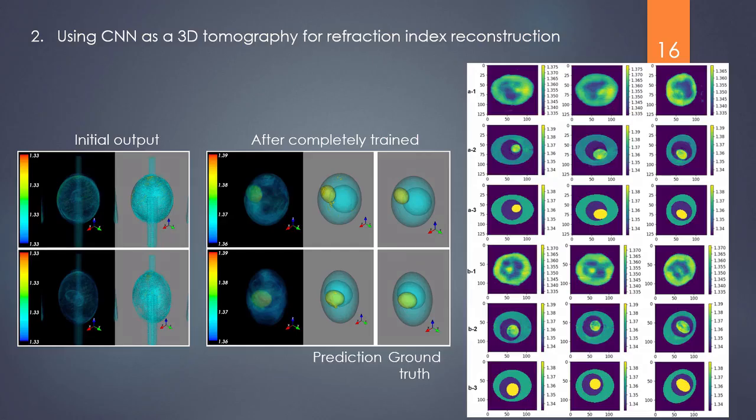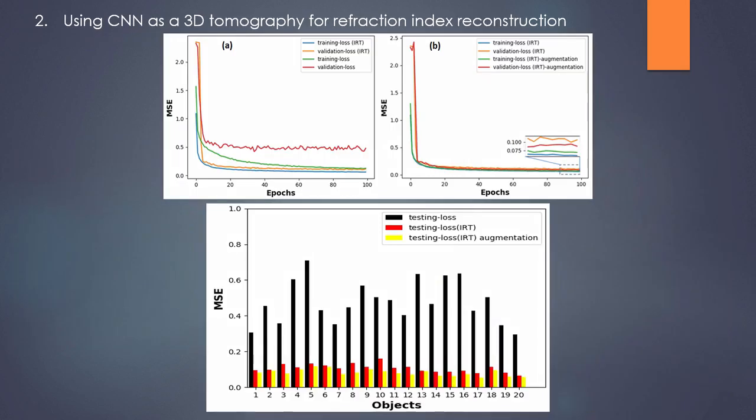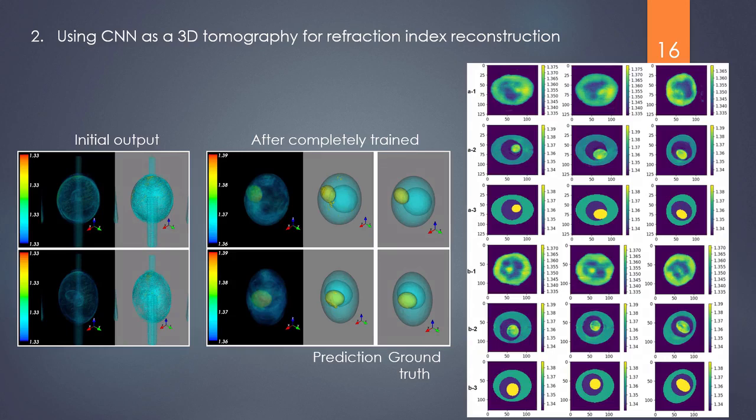So that's the recap. Here I didn't use any phase retrieval algorithm, which is very crucial in ODT. I only use the intensity image to reconstruct this volume.